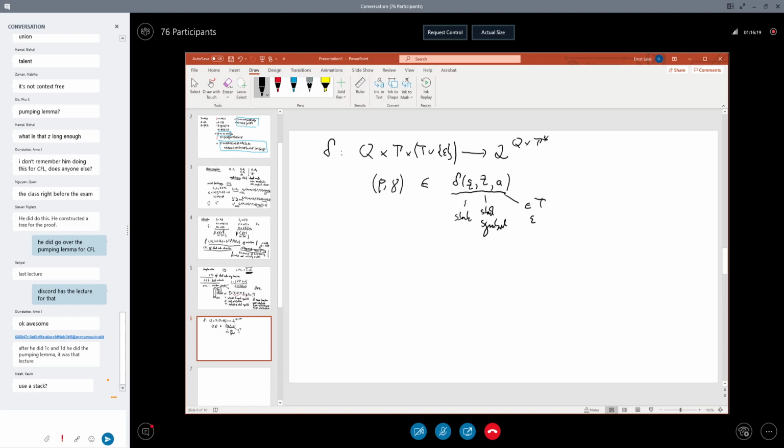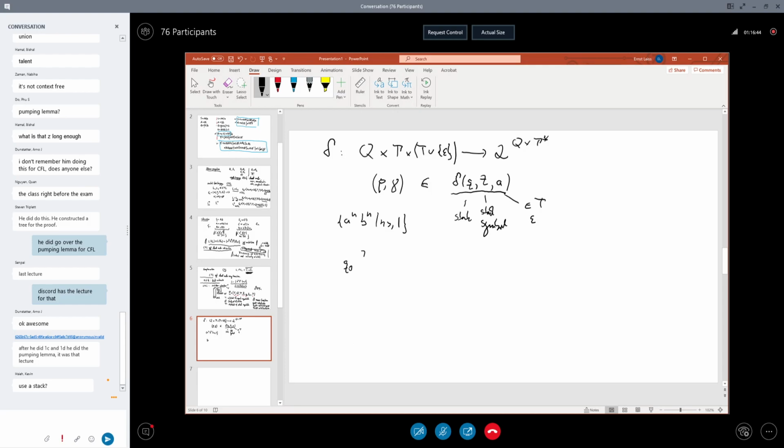So let's look at a simple example. Let's do A to the n, B to the n. So that means we are in a state Q0. We have to start somewhere. We have a bunch of stack symbols.